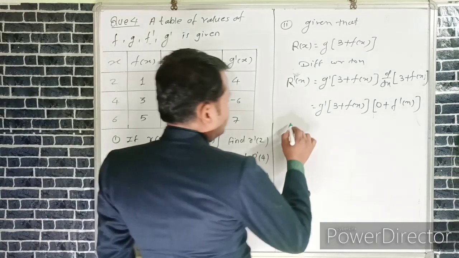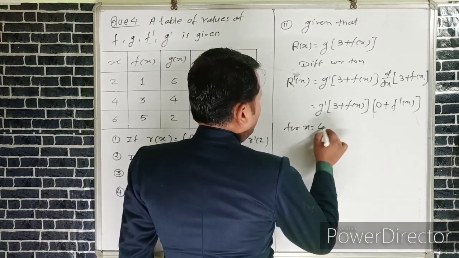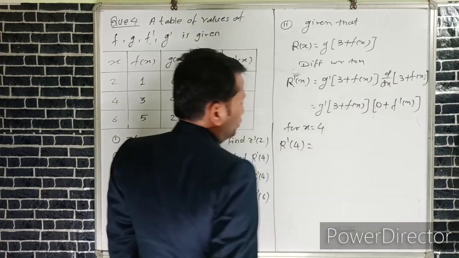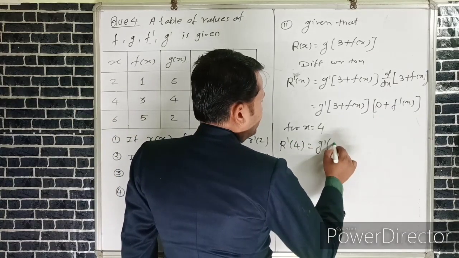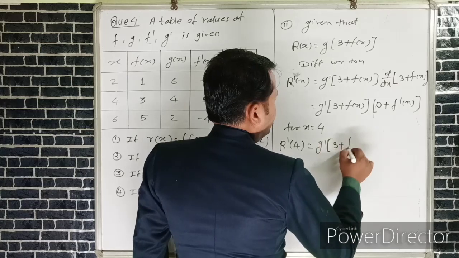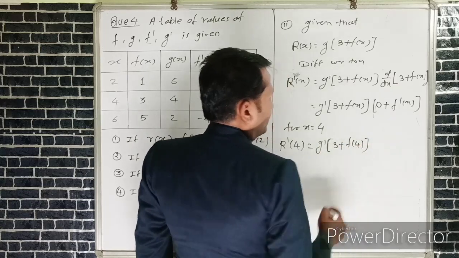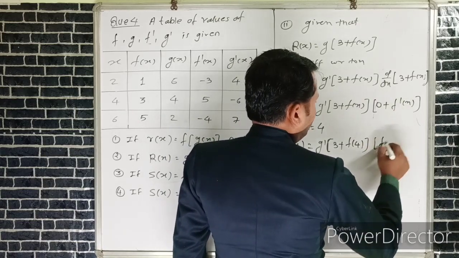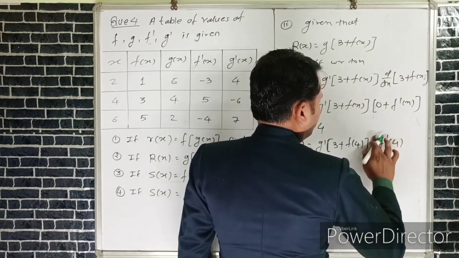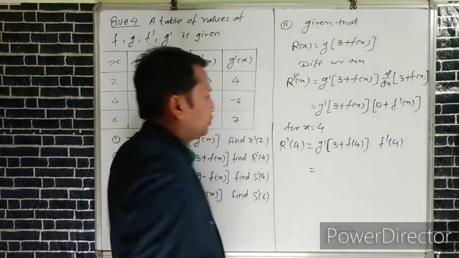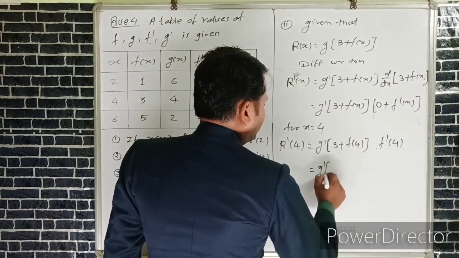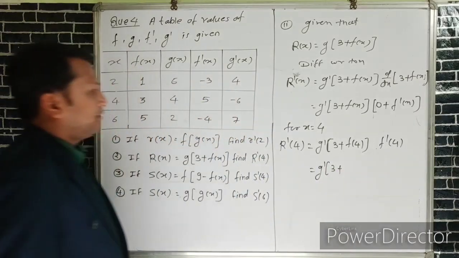We have to find the value of R dash of 4. If we replace x equal to 4, then we get R dash of 4 is equal to g dash of 3 plus f of 4 into f dash of 4.